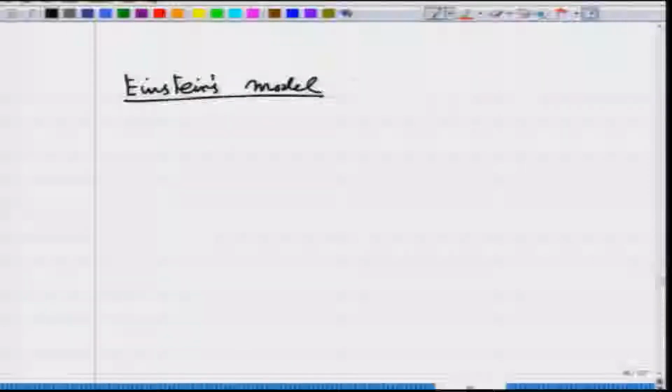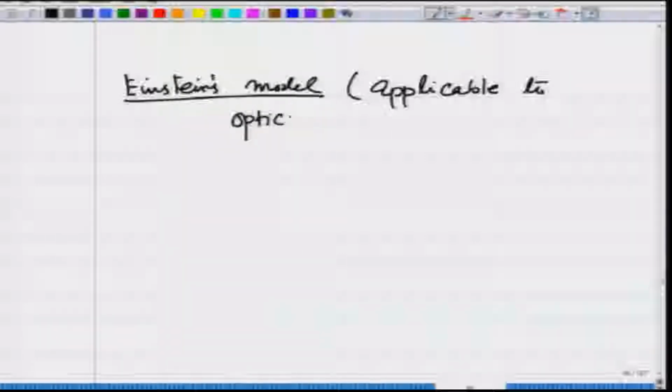So, let us first do Einstein's model. And this is applicable to optical phonons in a good way, because optical phonons have a very flat omega versus k curve.